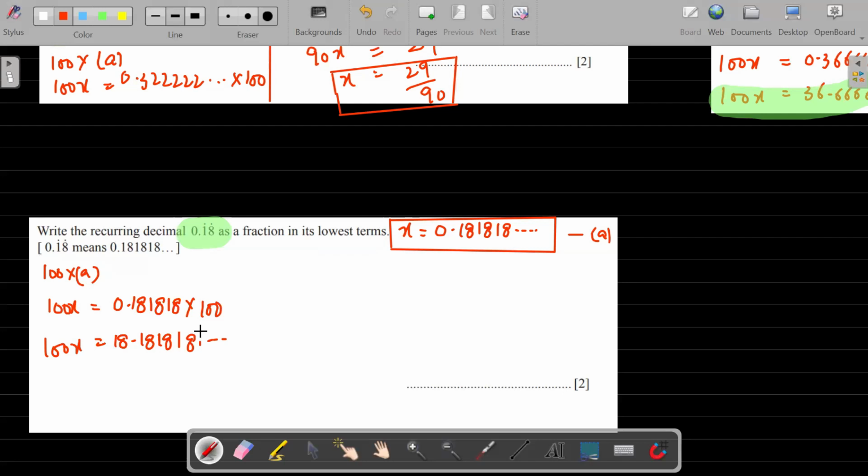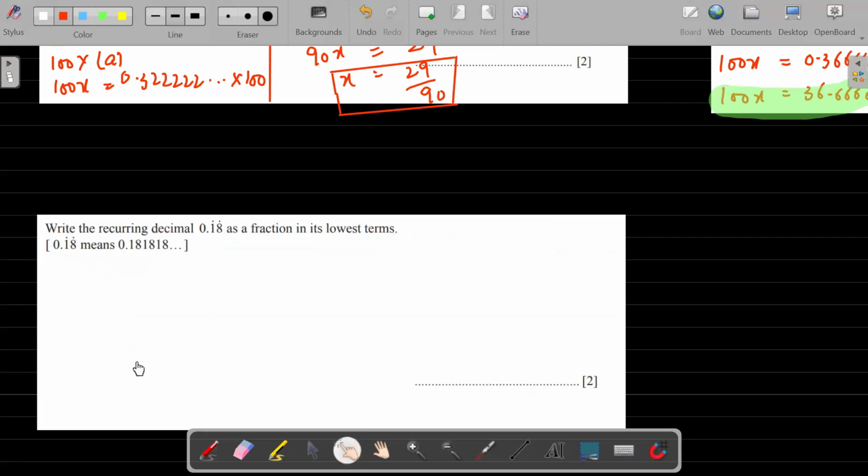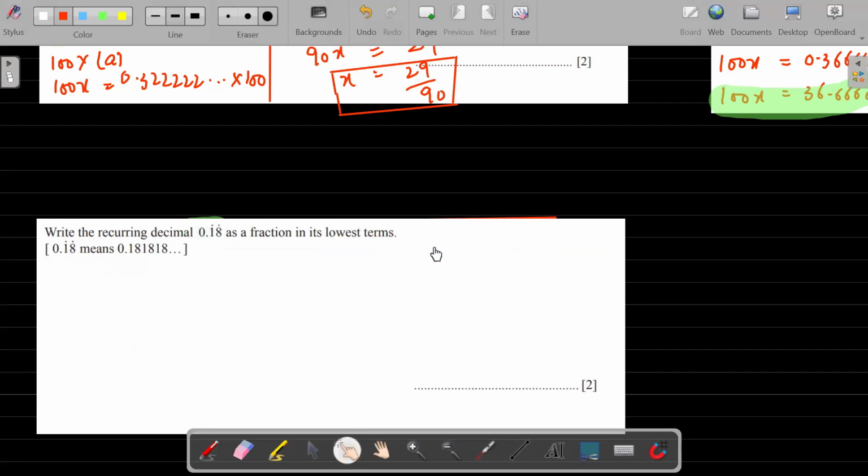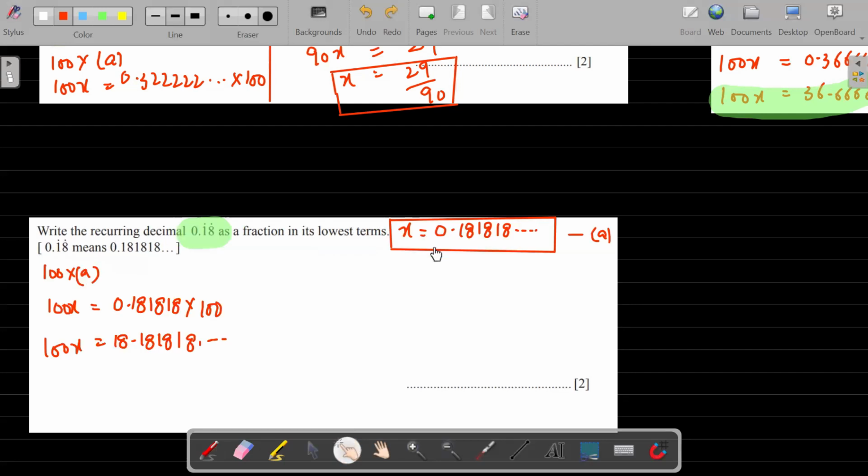If you look at this equation and this equation, you can see that if I subtract these two equations, I can remove my decimal part.